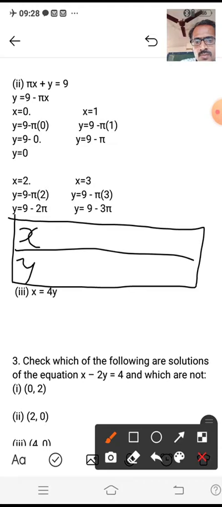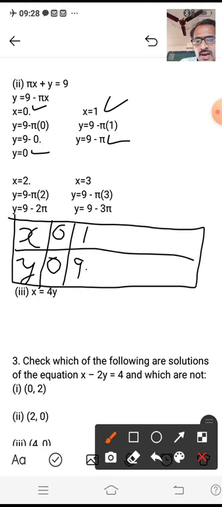x, y. For x equal to 0, what is the value of y? 0. For x equal to 1, what is the value of y? 9 minus pi. For x equals 2, what is the value of y?